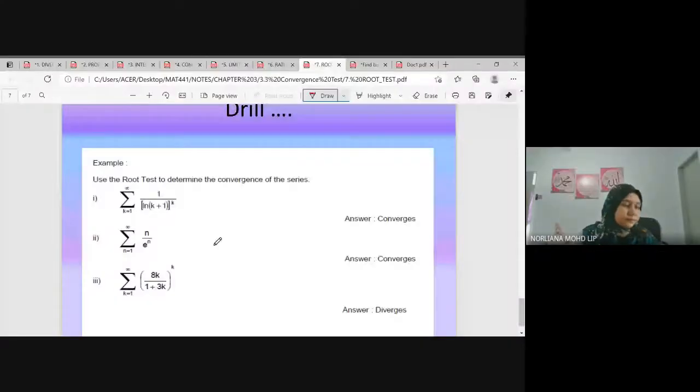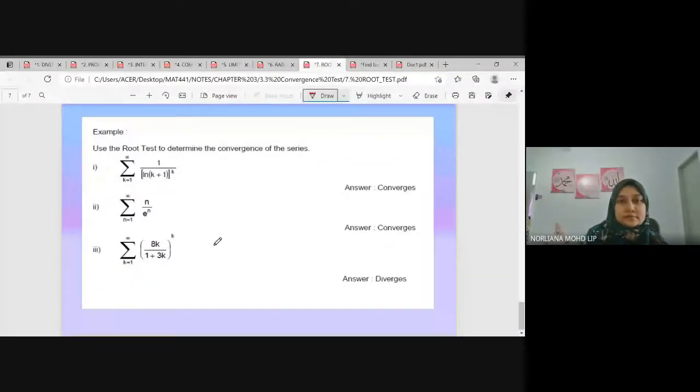Ni tadi tu. So, perlu buat. Okay, ada soalan? Okay, ada soalan? Sekejap ni.